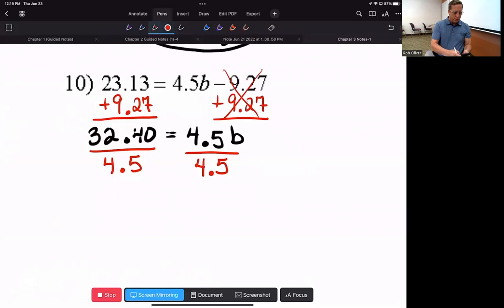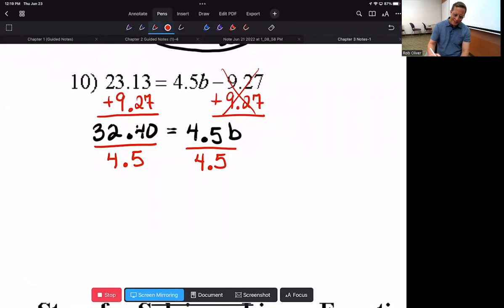We're going to do 32.4 divided by 4.5. Yeah, 7. I was kind of right there. So it's 7.2. So b equals 7 2/10.